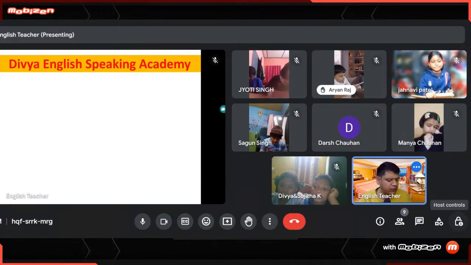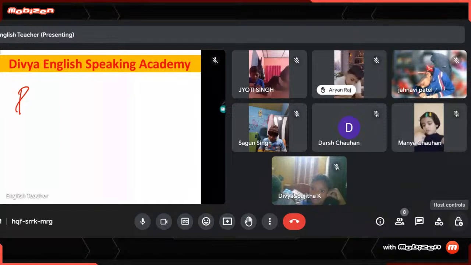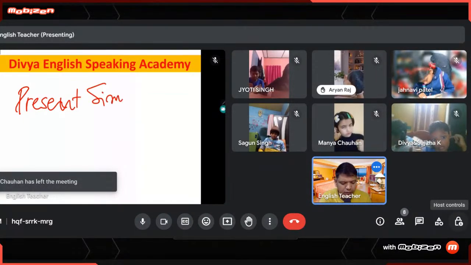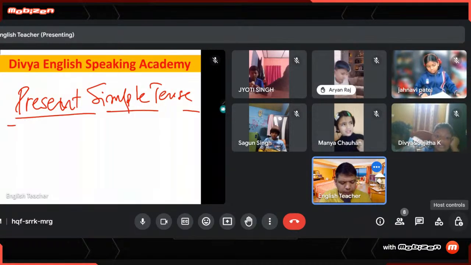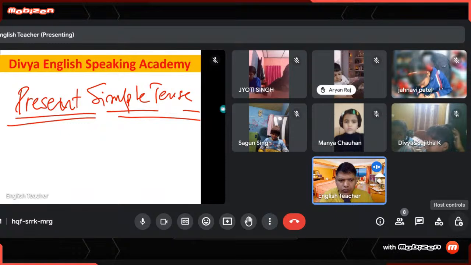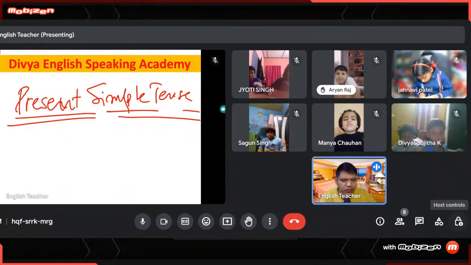We have done the passive voice of present indefinite tense or present simple tense, and we have seen how to make the passive voice. Today's topic is going to be making the negative of present indefinite.